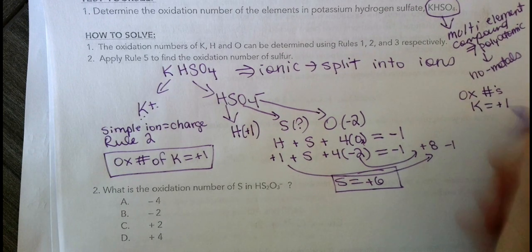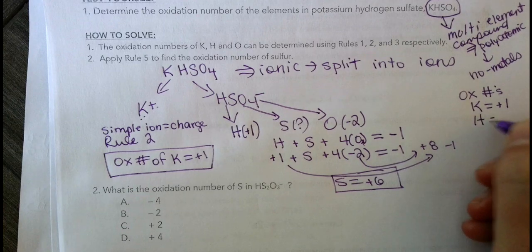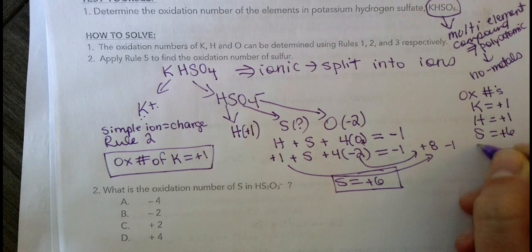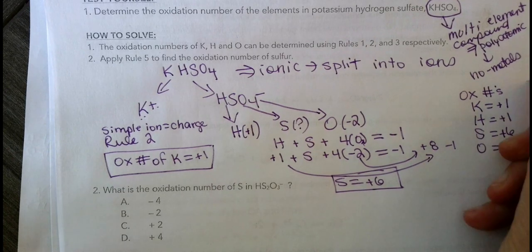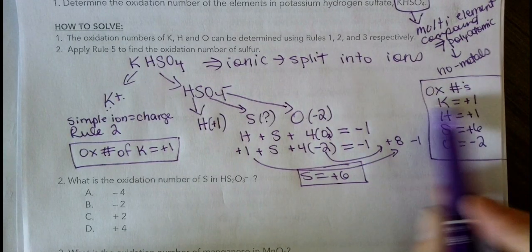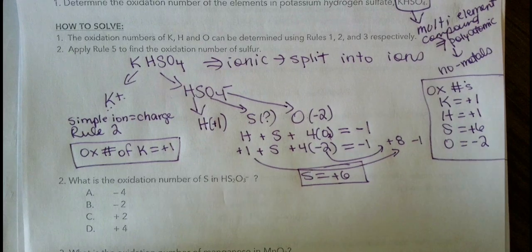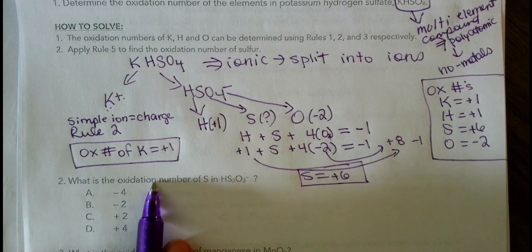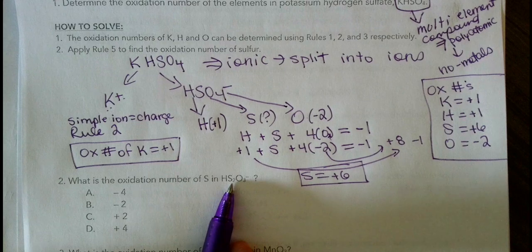K is 1 plus, hydrogen is 1 plus, sulfur is +6, and oxygen is -2. I just calculated all of my oxidation numbers using my rules. Okay, these are often multiple choice, but it's important that you know how to do them, okay?